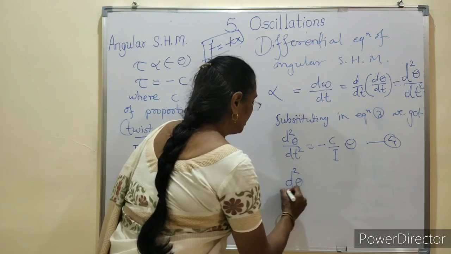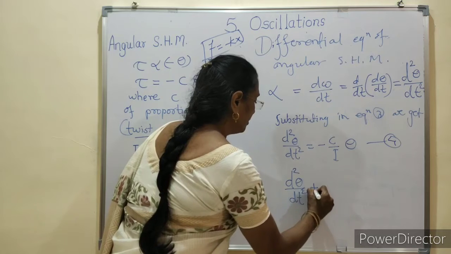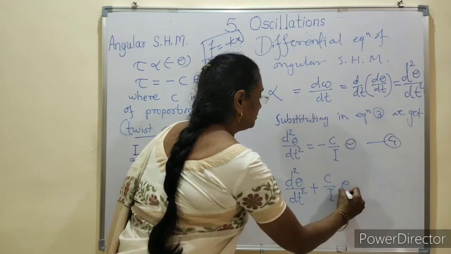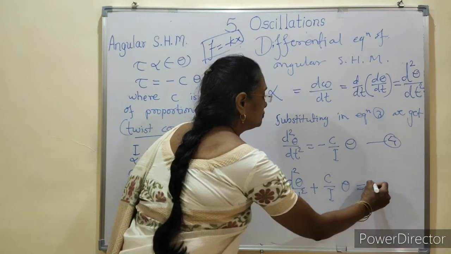Adjusting it, d square theta by dt square plus c upon I into theta is equal to 0.